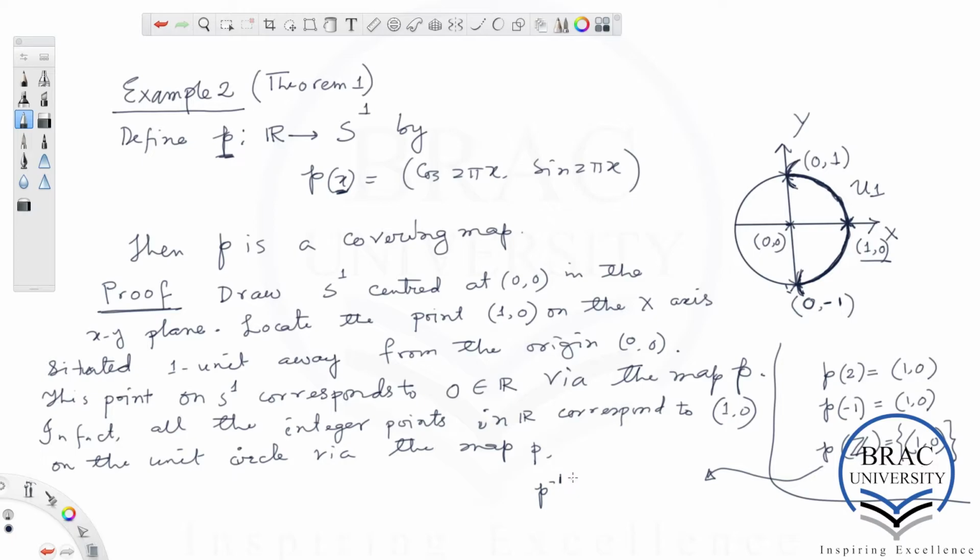The inverse image of the point (1, 0) on the circle is going to be the set of integers, which is of course a proper subset of the set of real numbers.